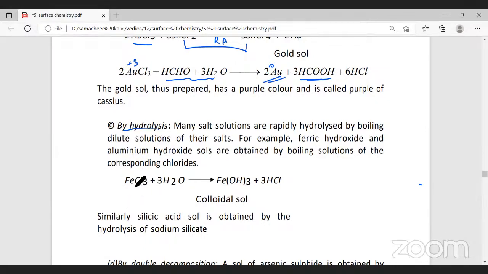So when you boil ferric chloride solution, we get ferric hydroxide colloidal sol. If you boil aluminum chloride, you will get aluminum hydroxide. Similarly, silicic acid sol is also obtained by hydrolysis of sodium silicate.